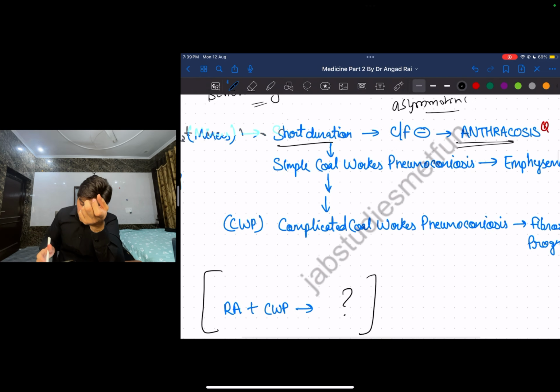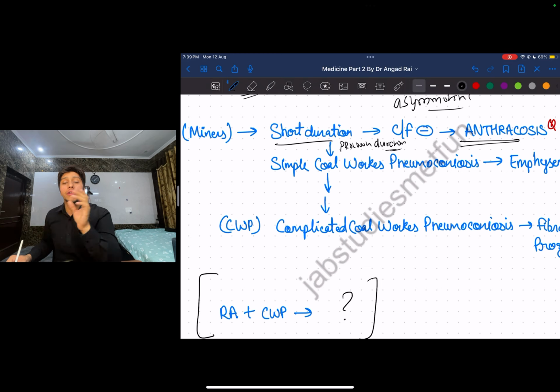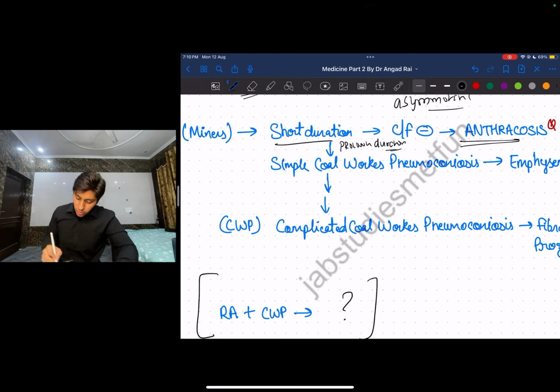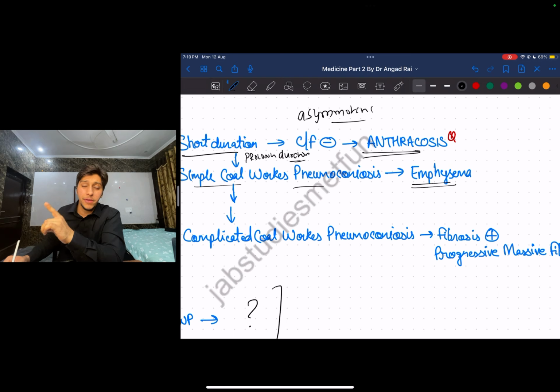But after a while, if there is a prolonged duration, now this condition is known as simple coal worker pneumoconiosis, and this simple coal worker pneumoconiosis is going to have emphysema. And what type of emphysema, guys? It is going to be centriacinar emphysema. Remember, in smoking also it was centriacinar, while in case of alpha-1 antitrypsin deficiency it was panacinar.